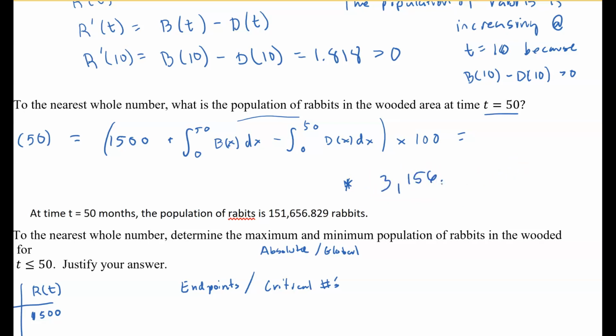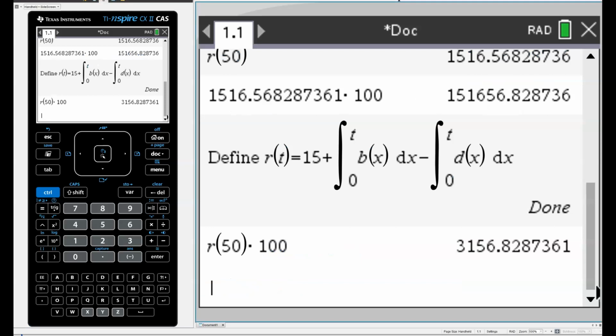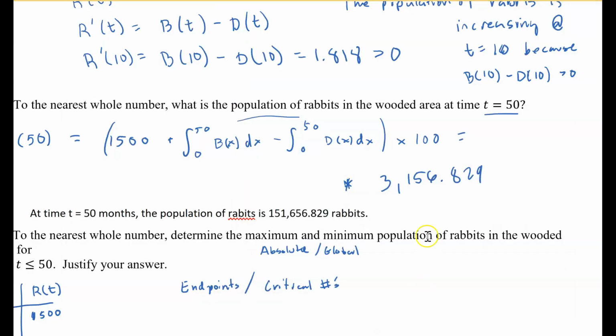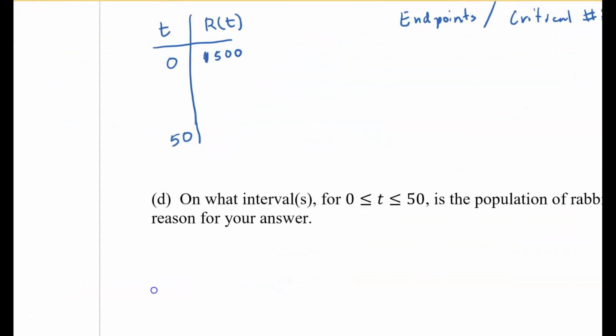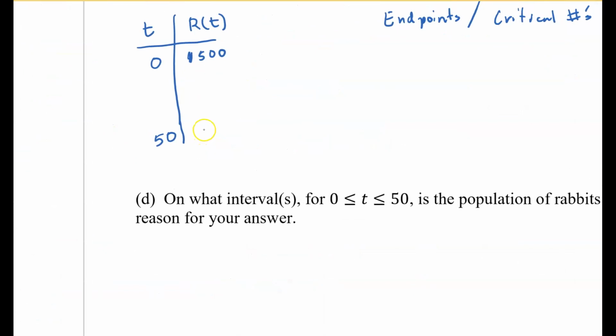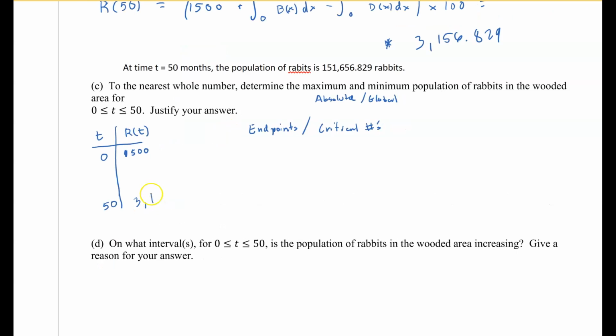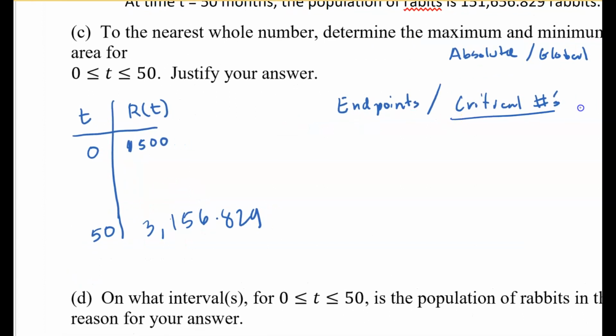This is going to be 829. This is going to be a trick. So let me make sure I have that value right. 829. Okay. All right. So this is 3,156.829.